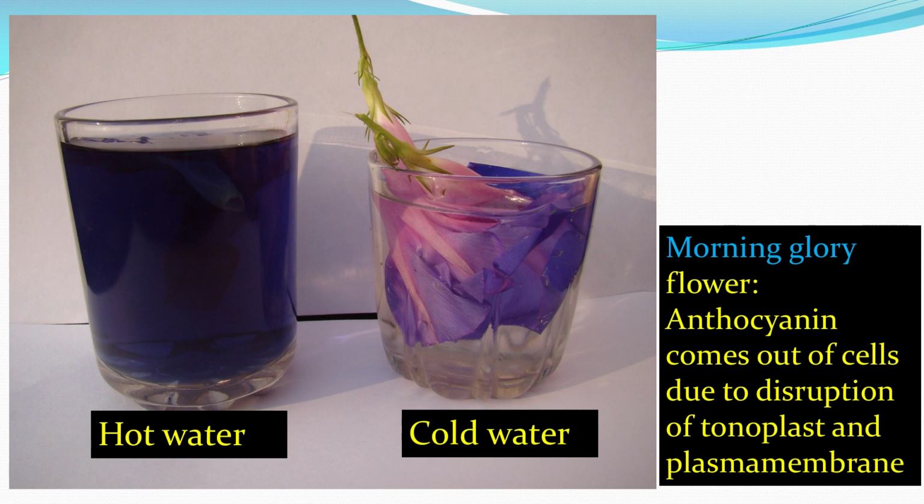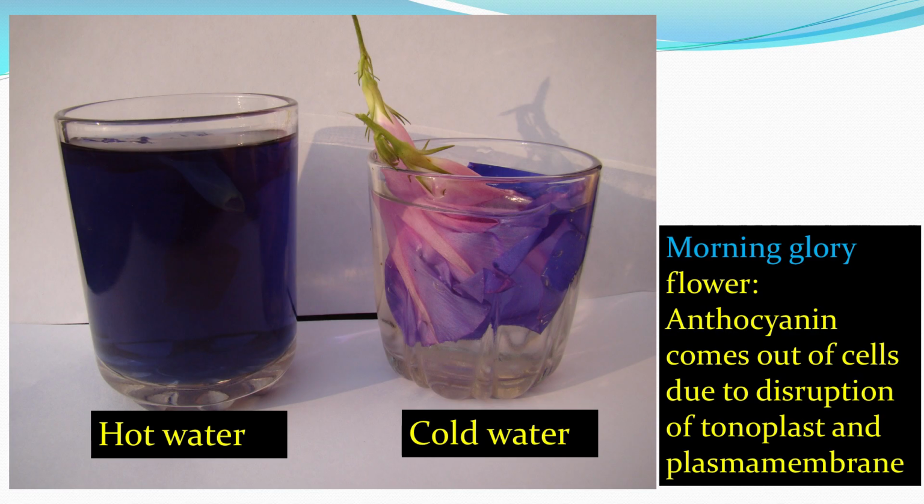When put in hot water for 2 to 3 minutes, definitely the pigment comes out, it is leaching out, as it is water soluble, housed in the vacuole. When we put it in hot water, the tonoplast, that is the vacuolar membrane, and the plasma membrane are disrupted and the pigments come out. Whereas in the other one, put in cold water at normal temperature, 25 degrees centigrade or so, it does not, as the cells remain intact.